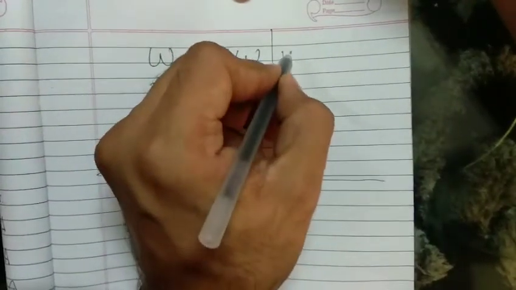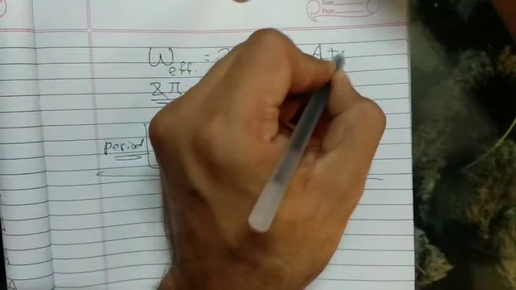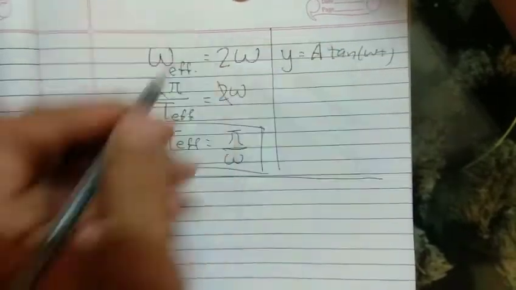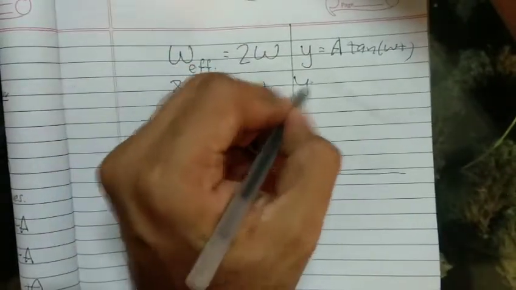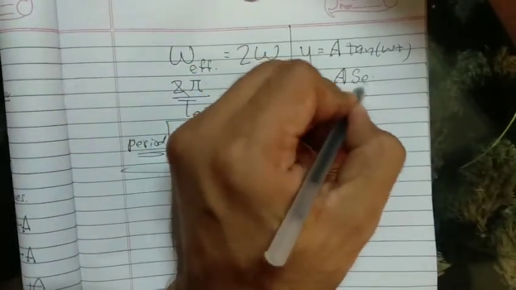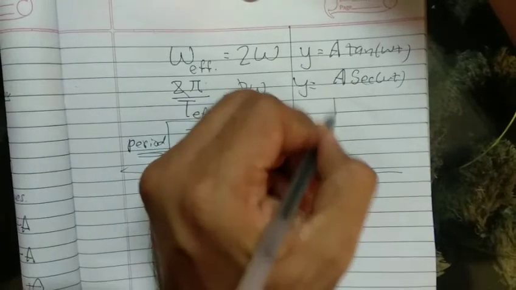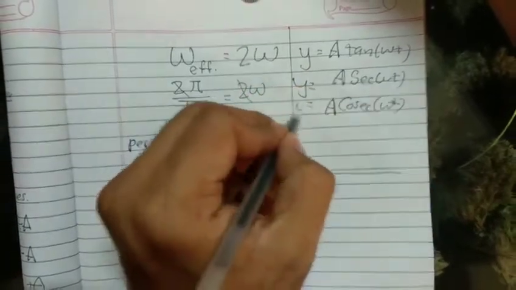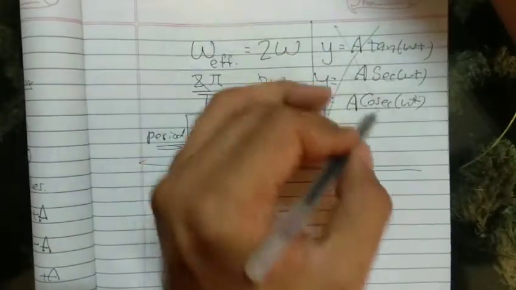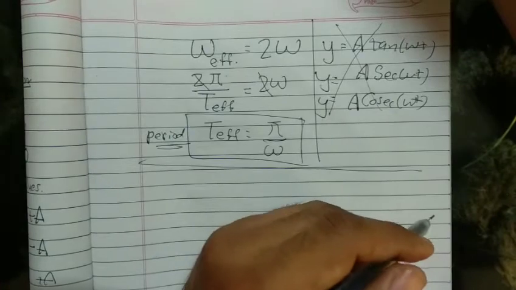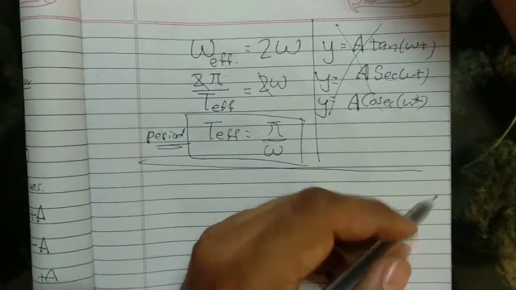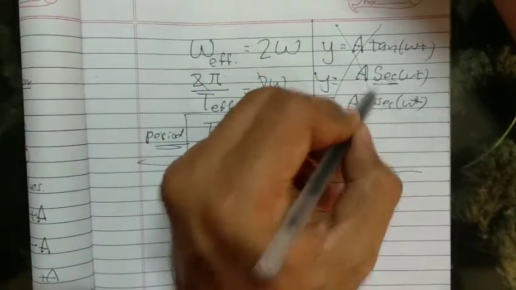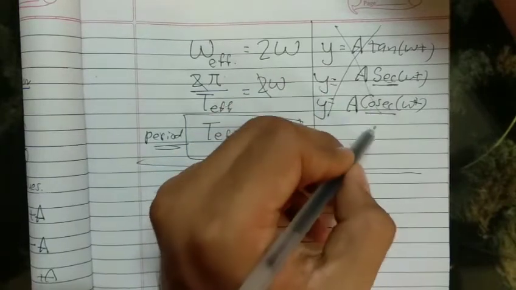One last thing I will tell you over here. If y is given like this, a tan omega t, or maybe cot, or y is given by a sec omega t, or y is given by a cosec omega t, something like this, then these are not at all oscillations and not even SHMs, because you might be knowing that sec and cosec can go up to infinity.